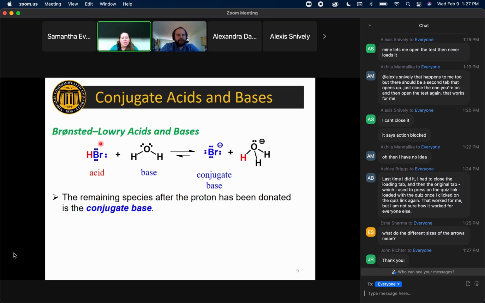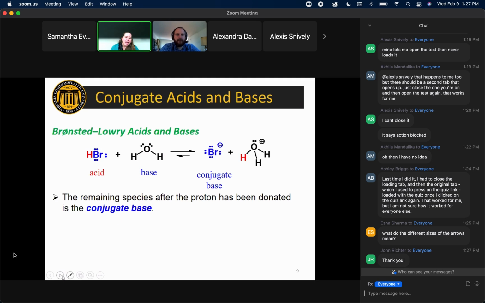What this means is that for every acid-base reaction, if you have your acid and your base interacting together, then in the case of your acid, after it donates that proton, what's left behind is a base, right? And that should make sense. If an acid has a proton that it can give up, after it gives up that proton, it's no longer an acid, it's a base.